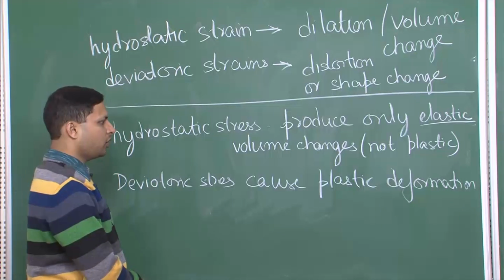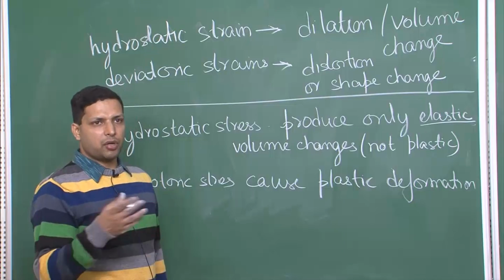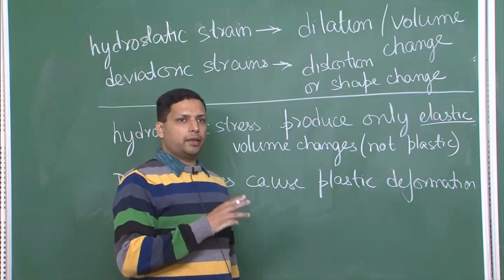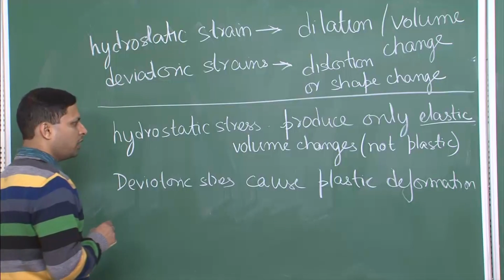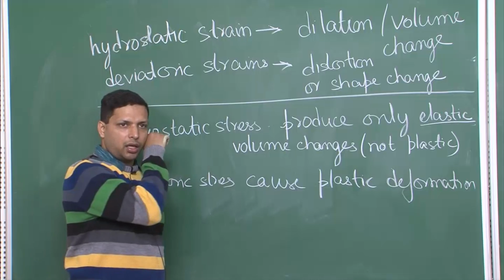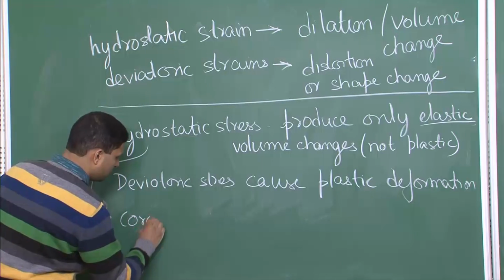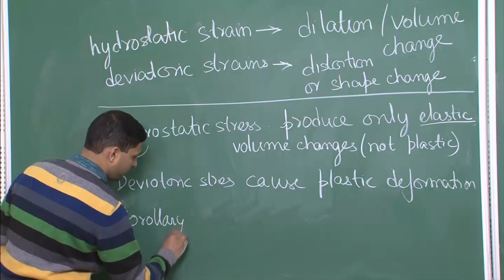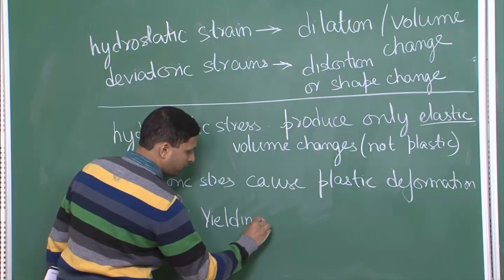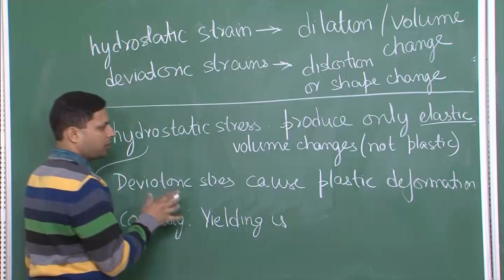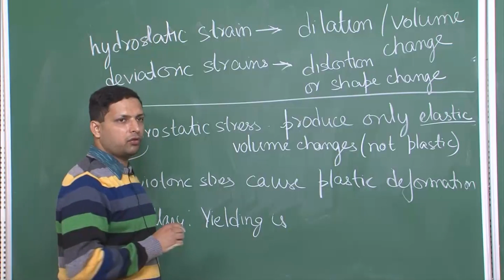If you remember your tensile stress strain curve, then we have the elastic region and the plastic region, and these two are separated by what is called the yield stress. In other words, we can say the yielding in a material. So, the corollary of these two is yielding. These are very important statements that you must remember if you are dealing with metal forming.